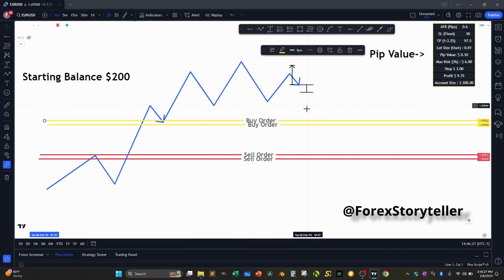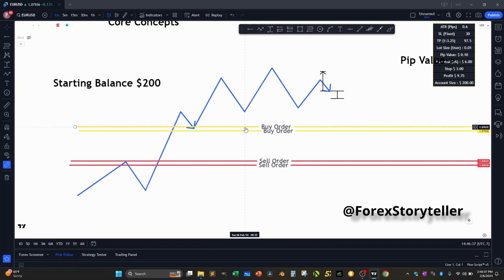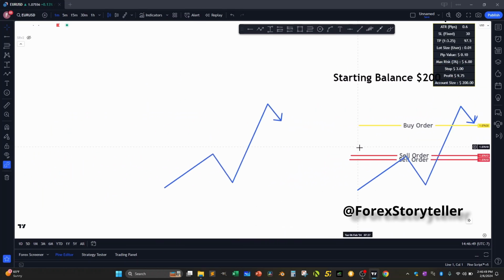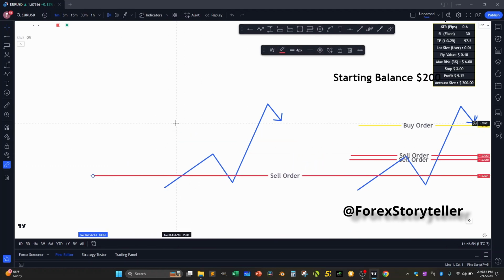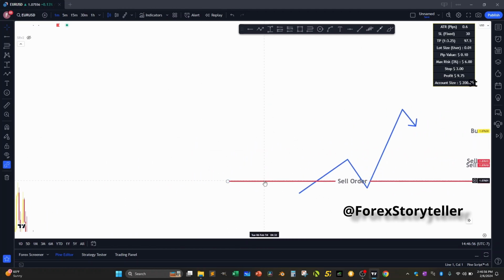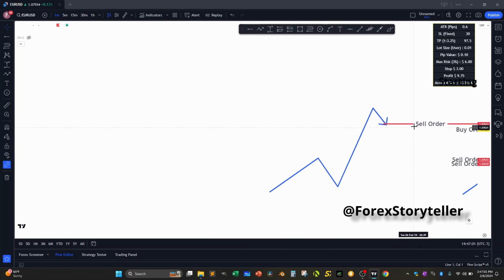But if you do start to get it right, you could choose to close this out and then take on the full exposure amount of both sell orders. Because when we go and close out, for example, in this situation, if we thought the market was going to continue off of this right shoulder, we would just simply close out one buy order, and that's going to be exactly the same as having a single sell order from down here, but it is going to affect your account from where you actually closed out the buy.